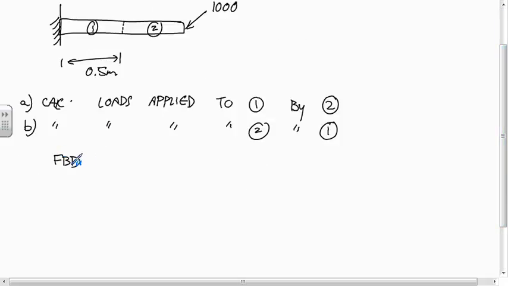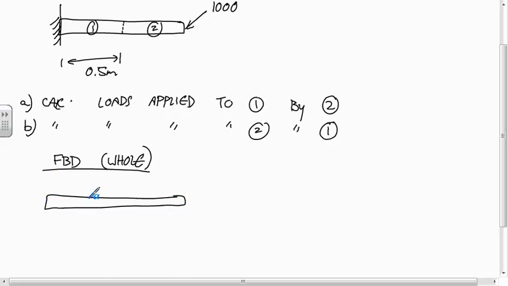Free body diagram of, well, first I have to figure out what the reaction loads are at the wall here. This is a fixed joint, so we have the force vector R, we have the couple MR, and then we have the force vector over here, minus 707.1, minus 707.1.